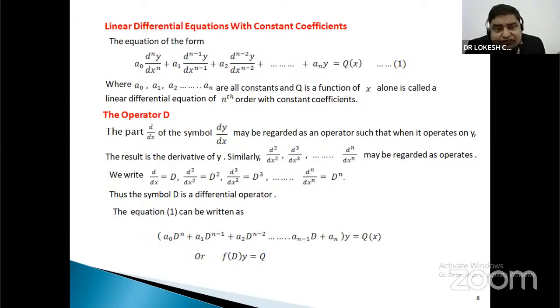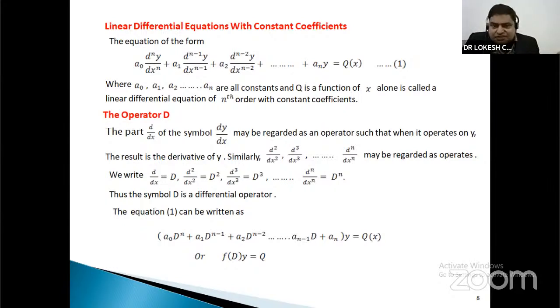Now, suppose a1, a2, an or any one of the coefficients becomes y, then it will become non-linear. We have defined what is linear; if we define the conditions for non-linear, we say that the highest order derivative and other terms have degree more than 1.